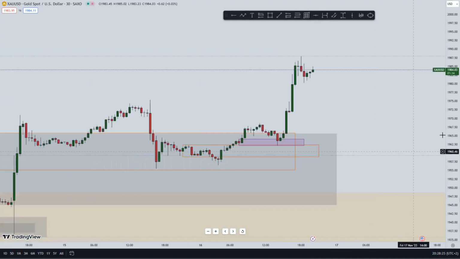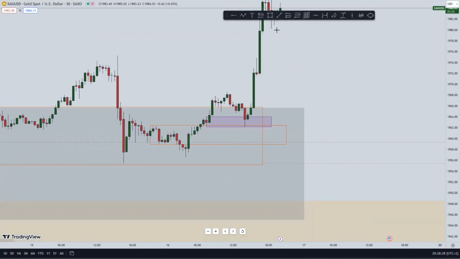Let me show you. You see this M30 zone here. If this zone is less than 30 pips, I use M1, because my stop loss is usually 30 pips. Because M1 is a high risk entry. So if the zone is less than 30 pips, I use M1 EG plus EF.